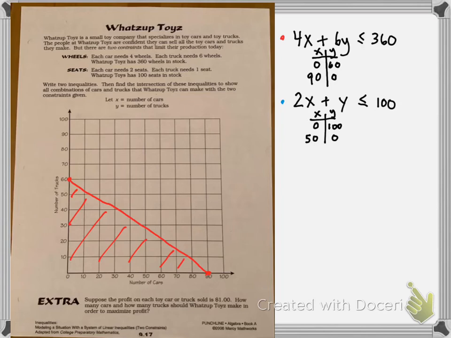Its intercepts are 0, 100, and 50, 0. Okay, and again, probably best to use a straight edge. Unfortunately, I'm going to have to do a little hand draw here. All right, that's not too bad. And it is less than or equal to, which means I'm going to shade below.